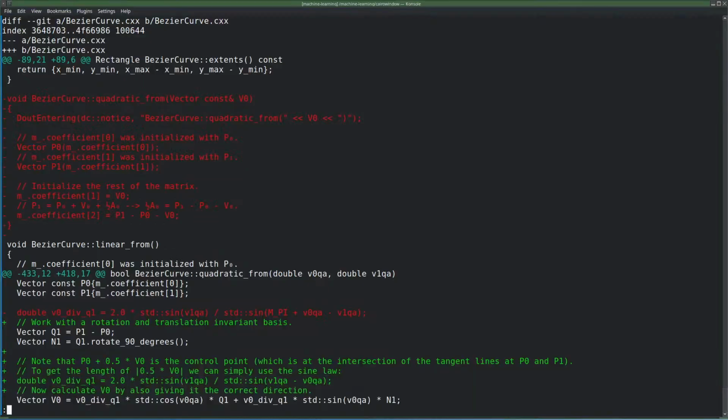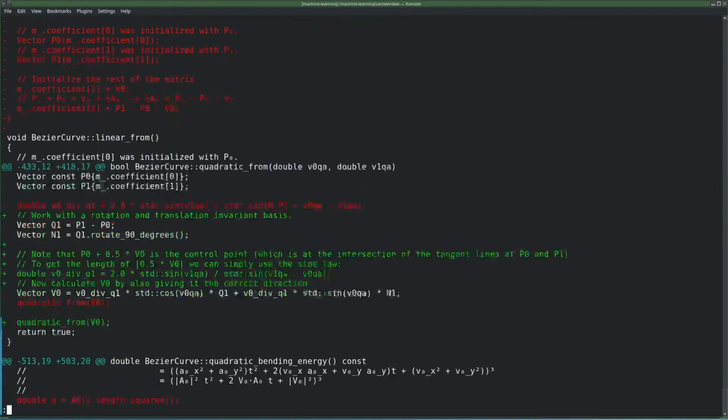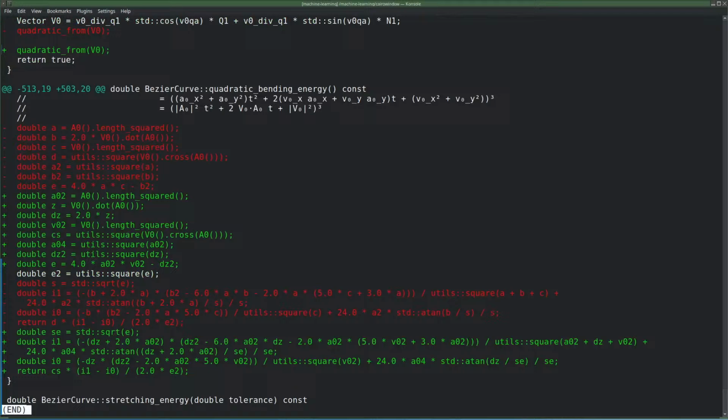Let's go one down, try it again. Is this part right? So A was renamed to A02.